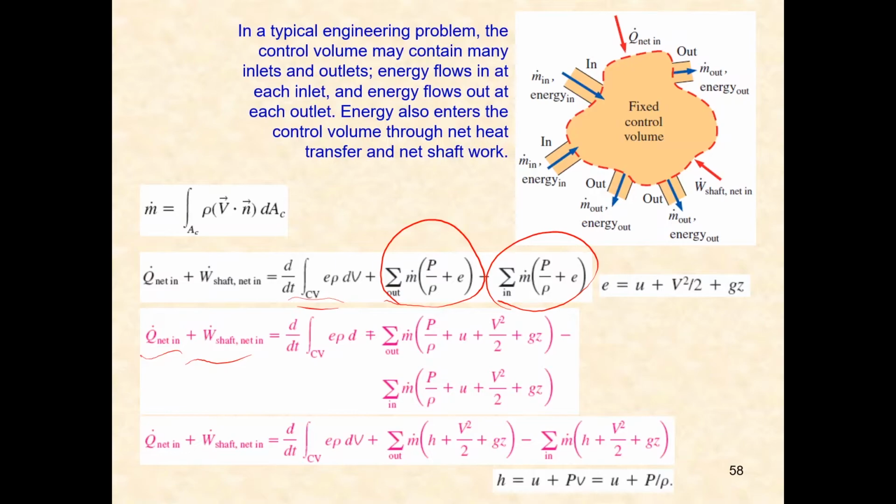This is the general equation, but it is not yet the simplified version, so you don't really have to memorize this. Don't stress your brain by memorizing this form of equation. We have a more simplified version of the equations, which we are going to discuss in the next couple of slides.